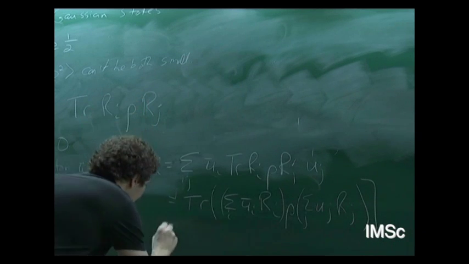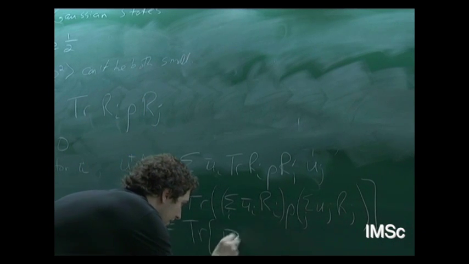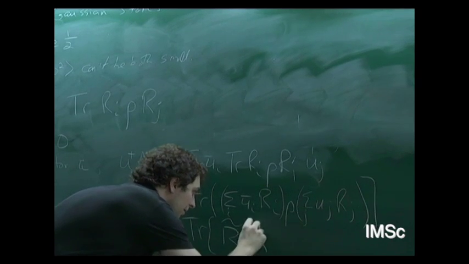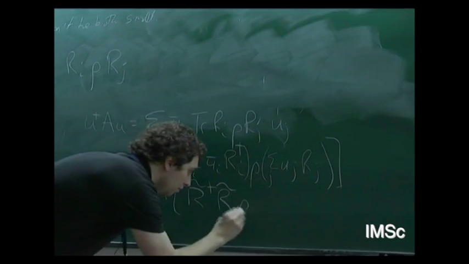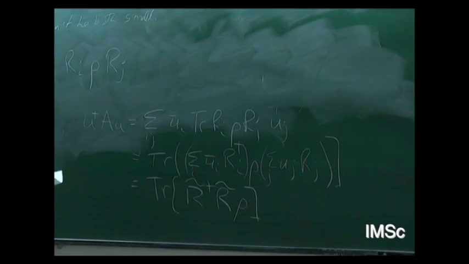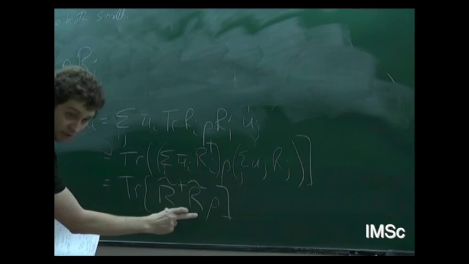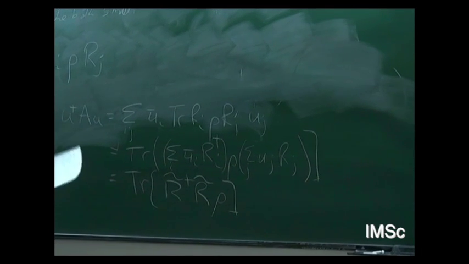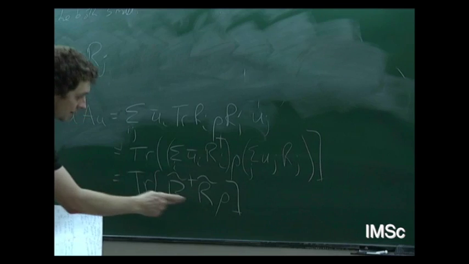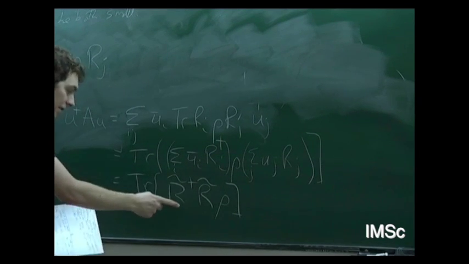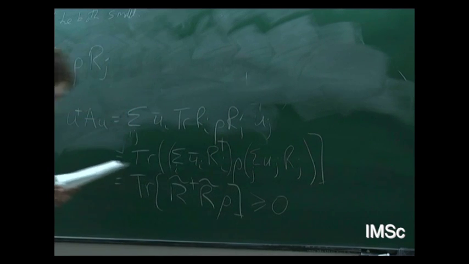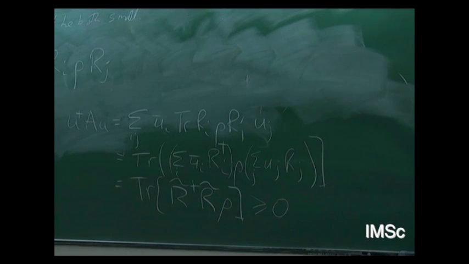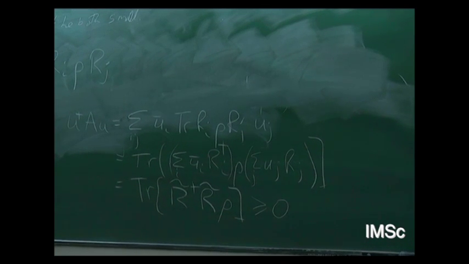And that's going to be equal to just trace of r tilde dagger, r tilde, where now in order to make that clear, I do have to put the dagger in, of rho. But now what I have is a positive matrix, right? Explicitly this is positive because I take r and r dagger and multiply them together. So this thing has to be positive. Okay, so we've figured out that A is bigger than or equal to 0.